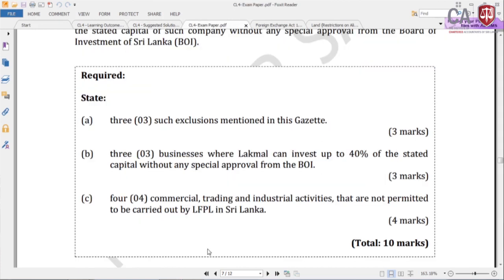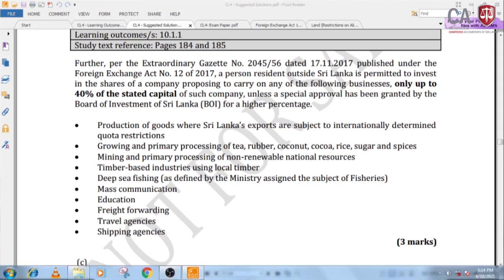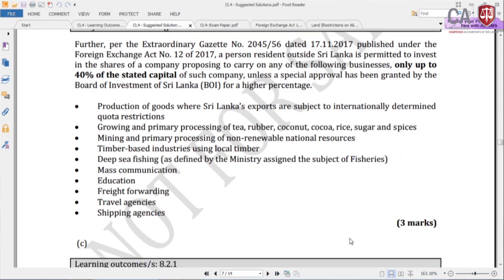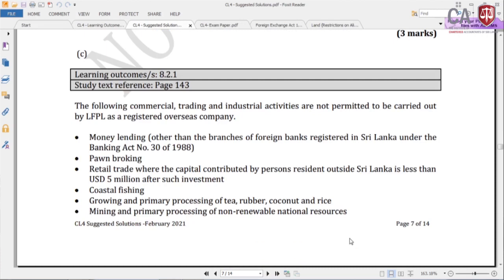Then the third one is for commercial, trading and industrial activities that are not permitted to be carried out by this LFPL company in Sri Lanka, because it is an overseas company, an Australian company. The following commercial, trading and industrial activities are not permitted to be carried out by that Australian company as a registered overseas company in Sri Lanka.